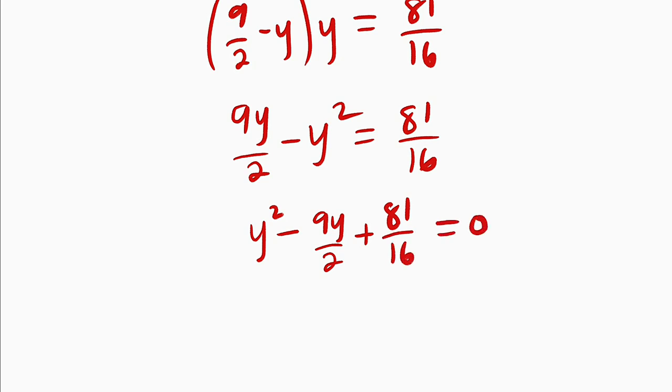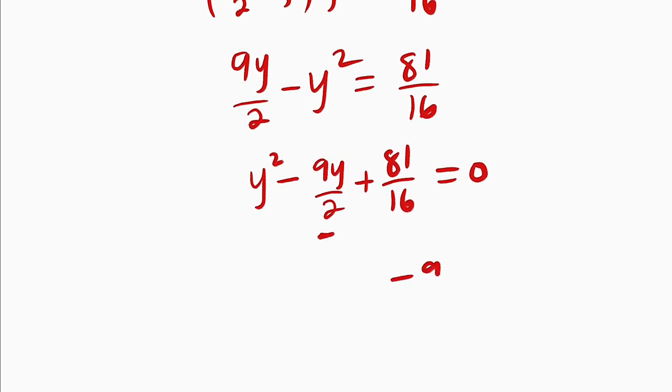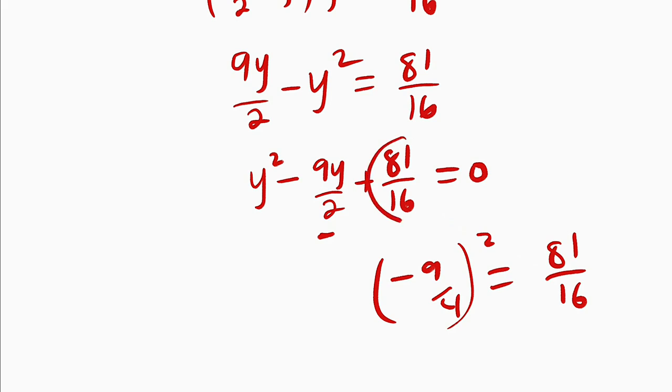This is a quadratic equation, but if you observe, this is a perfect square quadratic equation. Why? Because half the coefficient of y will be negative 9 over 4, and if you square this, you get 81 divided by 16, which is our constant. Therefore, this is a perfect square quadratic equation.